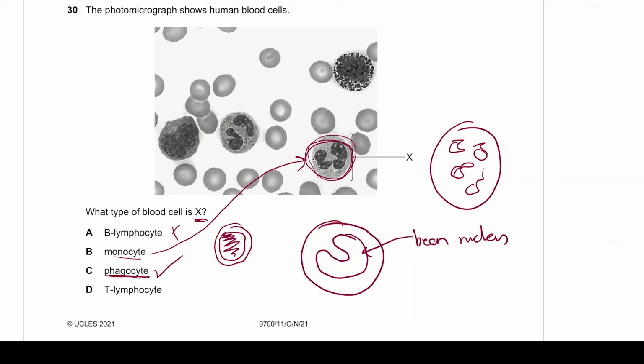Yes, we can assume it's a phagocyte because phagocyte basically means neutrophils and macrophages, the white blood cells that engulf substances. And D, T lymphocyte. As we said, it cannot be because the nucleus occupies almost the entire cell. So we could just assume it's a phagocyte in this scenario. The answer is going to be C.